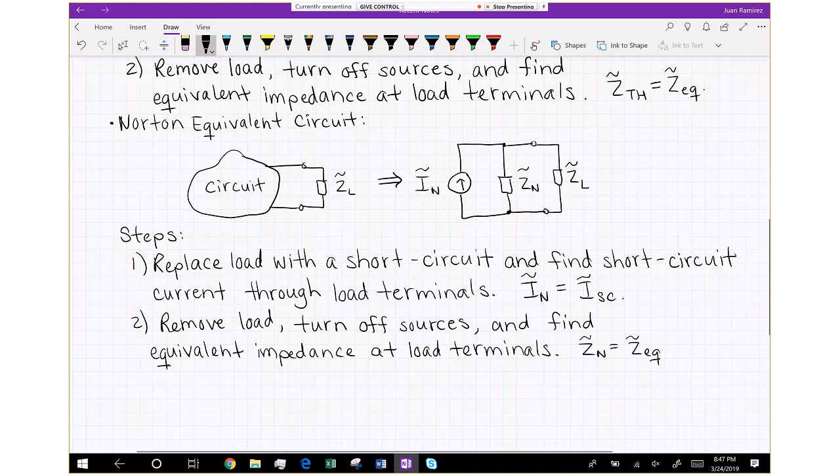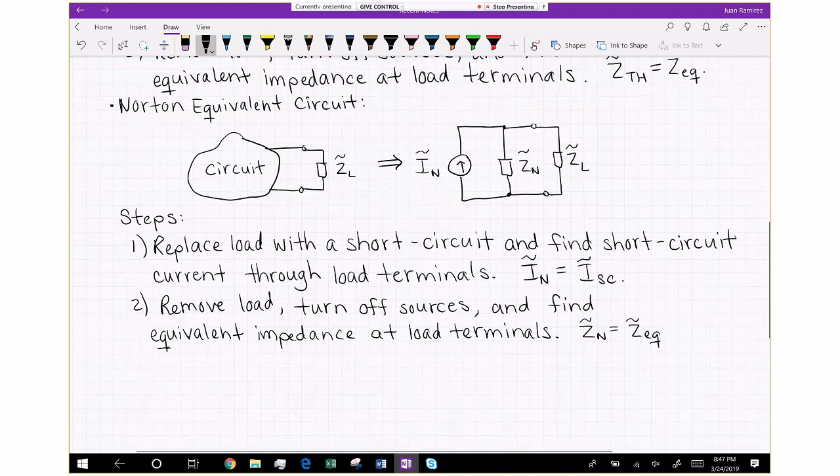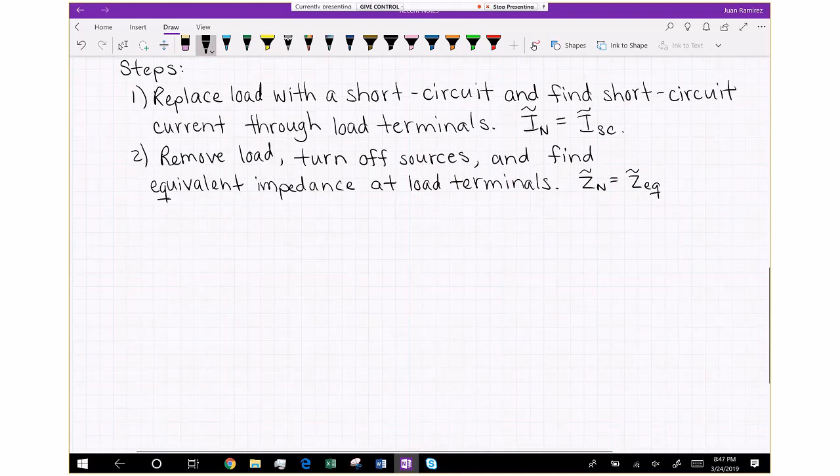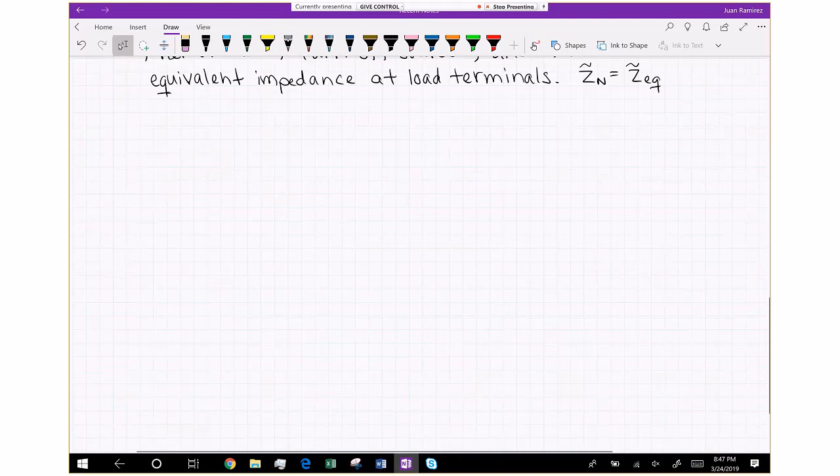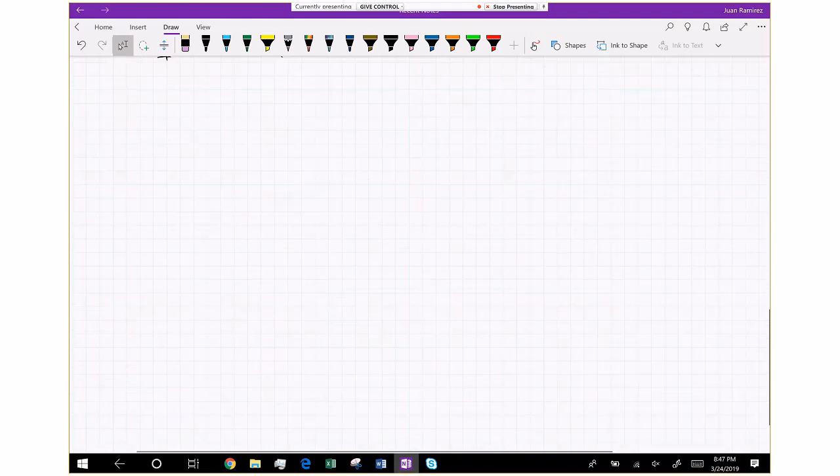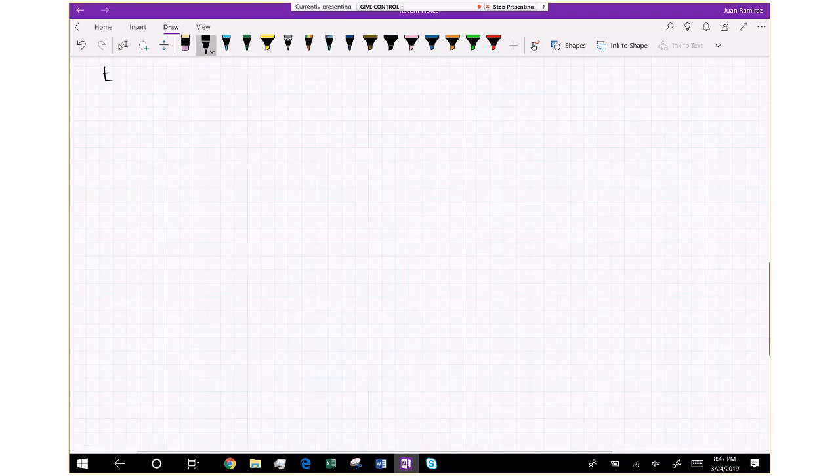Now, let's do a couple of examples. All right, let's use Thevenin's theorem to find V out.